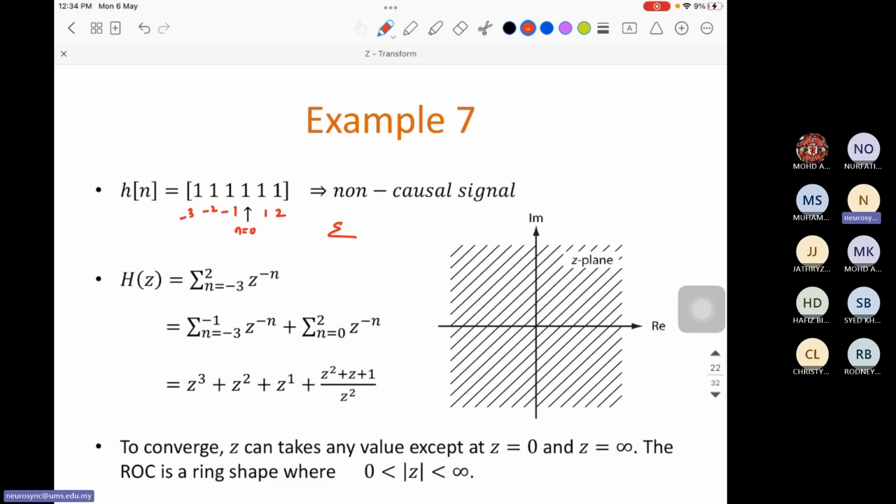So the summation will go from n equal to -3 to 2, correct? And all are 1. Therefore, we will keep this summation only. Now this is written as -3 to -1 and n equal to 0 to 2.